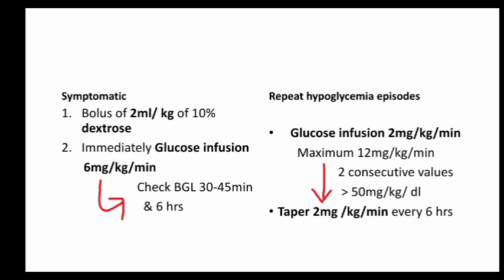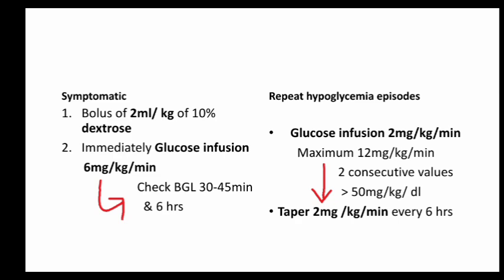If there is no improvement, we have to repeat the hypoglycemia check. We give an extra 2 milligram per kg per minute every 6 hours. The maximum we can give is 12 milligram per kg per minute, and again check the blood sugar level.